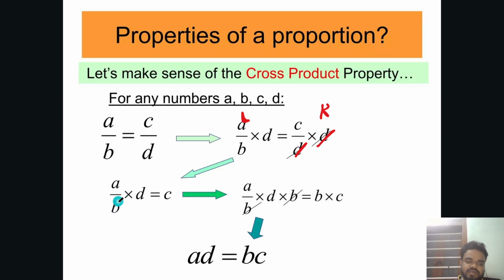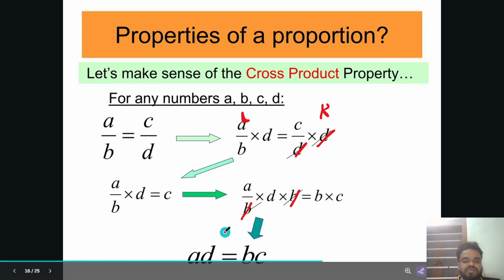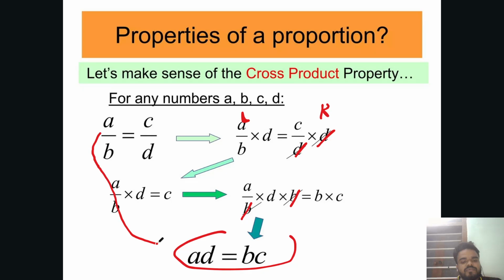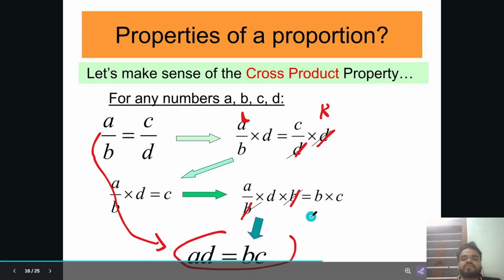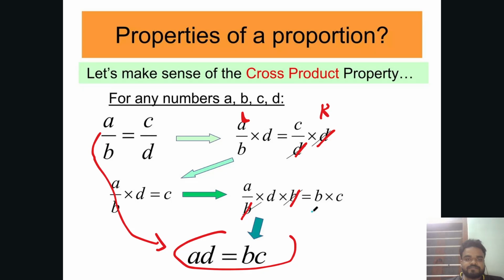Then multiply b on the numerator and denominator on the LHS side. So b will get cancelled. What is remaining? a into d is equal to b into c. Here it is verified. So a by b is equal to c by d will become a into d and b into c. Here the cross product property is verified.